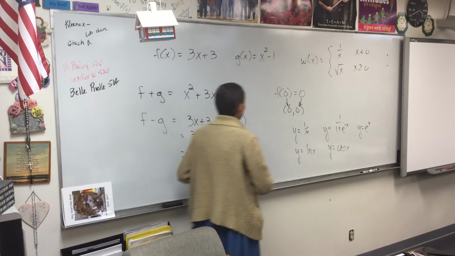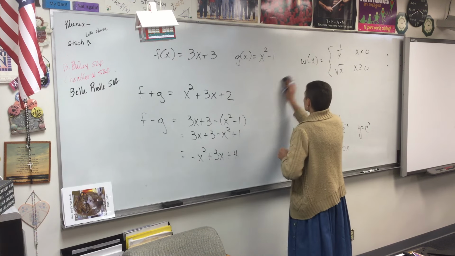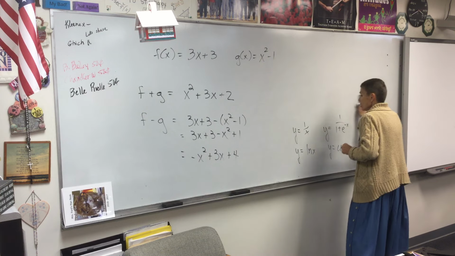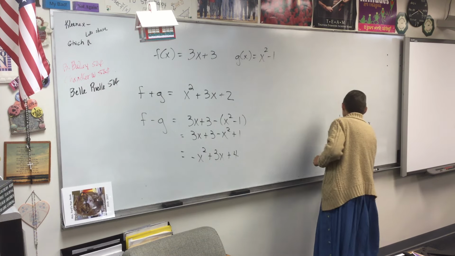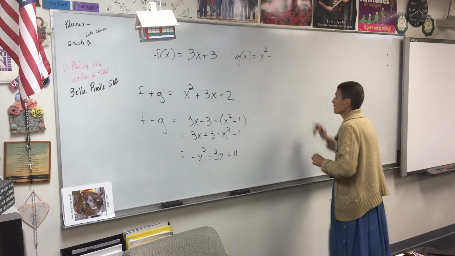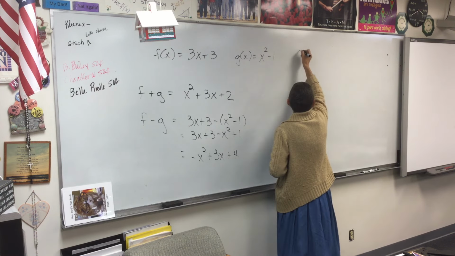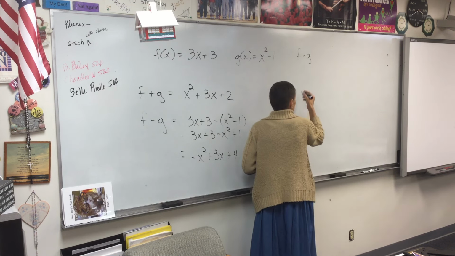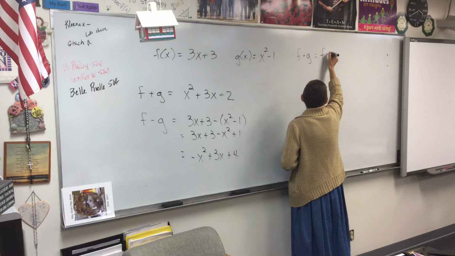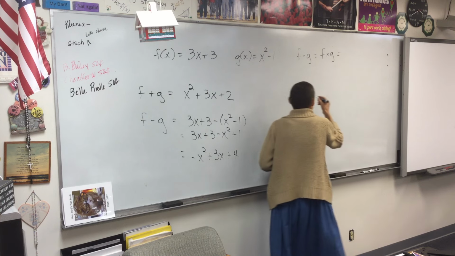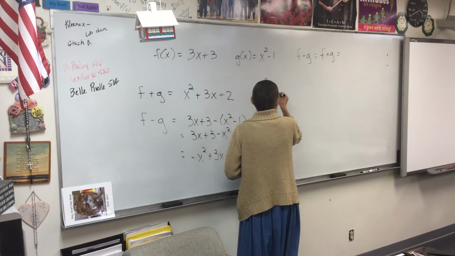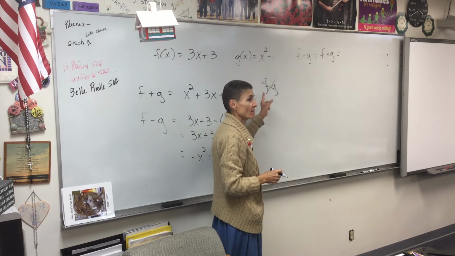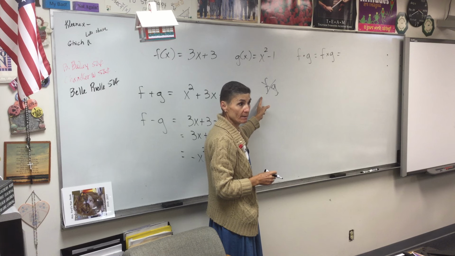What if we had f times g? And in function land, we have to be very careful about how we write that. So we're either going to put f dot g like that, or we're going to put f times g like that. We are not going to put fg for multiplication. In function land, that has another meaning we'll talk about in a minute.